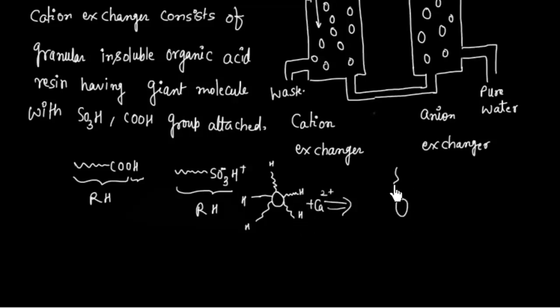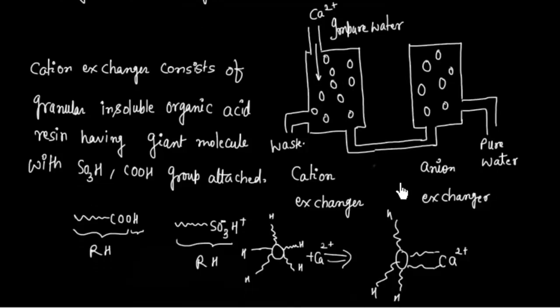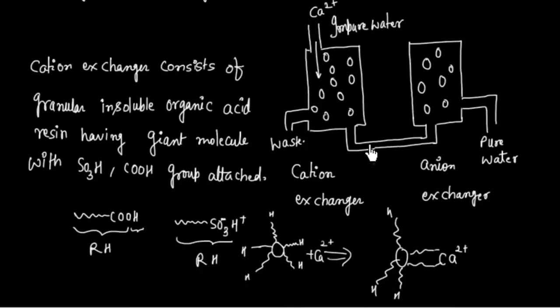So I have here H, H. These two H will be removed and in place of H+ we will have Ca2+. Now these two parts of the molecule get joined by Ca2+. This means Ca2+ gets trapped. So if my impure water contains Ca2+, when we pass it through this cationic exchanger, Ca2+ gets trapped inside this exchanger and in place of Ca2+ this water will contain H+.